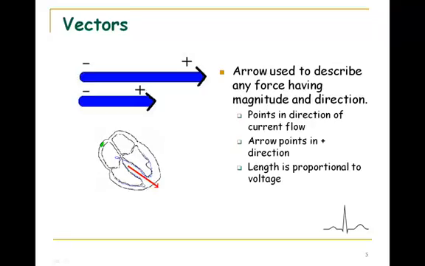Now it's moved a little bit to the left because the left ventricle is a little bit larger than the right ventricle, and so it takes a little bit longer to depolarize the left than the right. So if you're looking at averages, you're going to spend a little bit more time on average depolarizing to the left, and that's why you see the vector drawn the way it is.